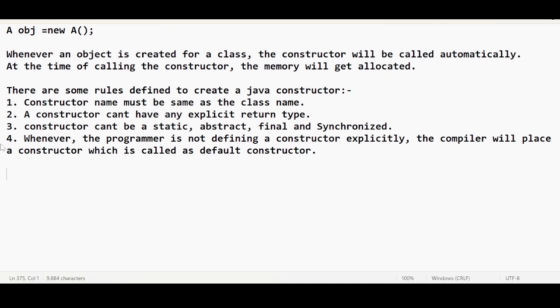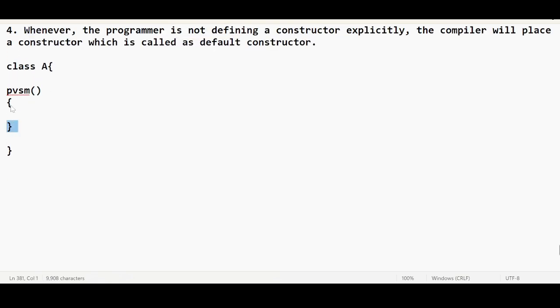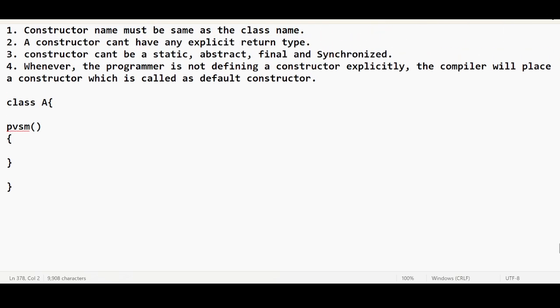Okay, for example, if you have a class A, and inside this class A you have placed a main method. Let me take it like public static void main, I'm taking the shortcut. So inside the class A you have just the main method, right? If you give this piece of code to the compiler, it will check if there is any constructor defined by the programmer.